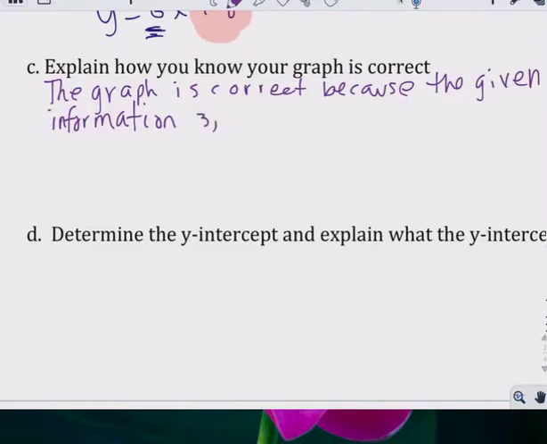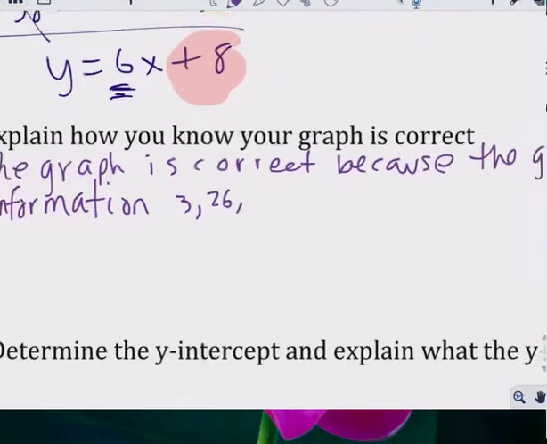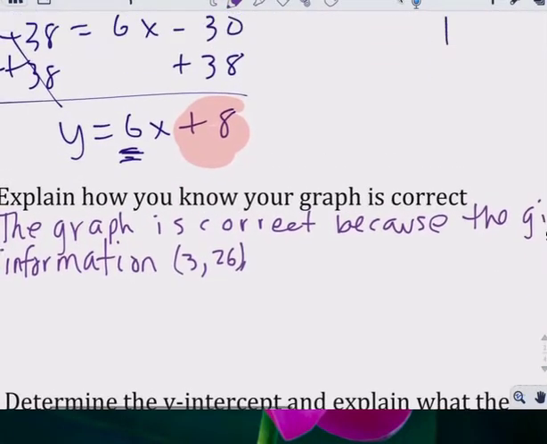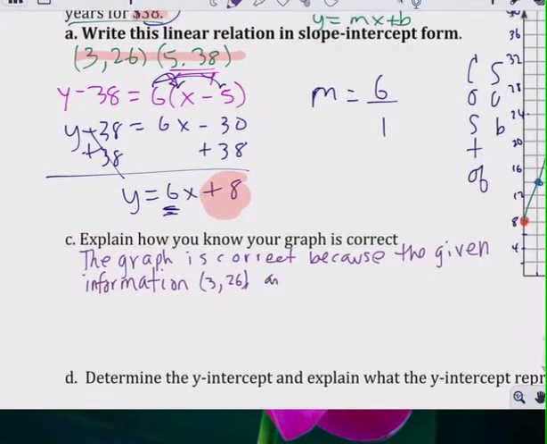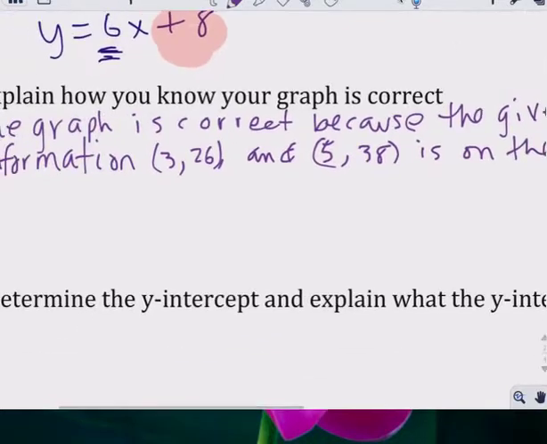The graph is correct because the given information of 3 and 26 and 5 and 38 is on the graph.